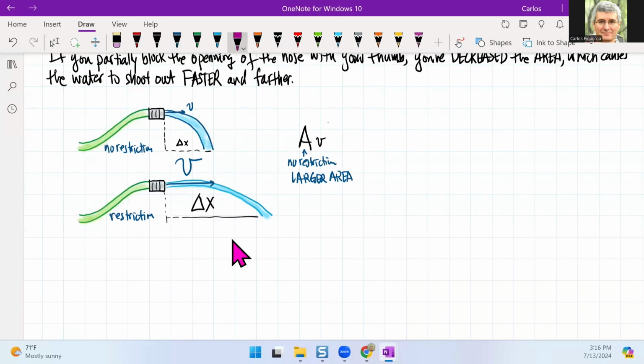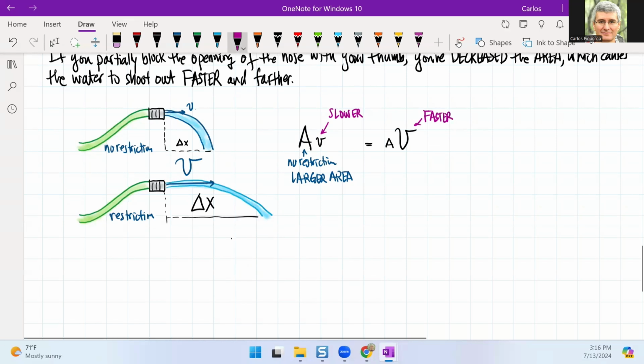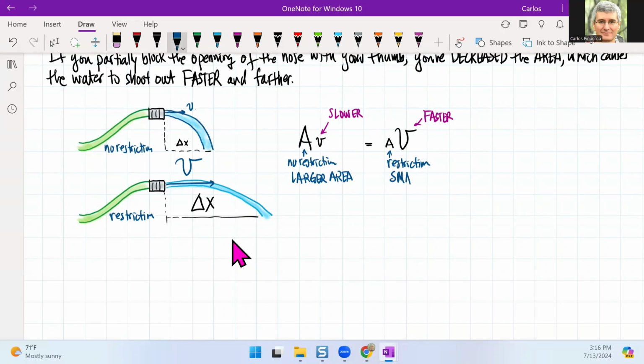So therefore, the water comes out slower. On the other hand, if we put our thumb over it, we have a smaller area, but a higher speed. In other words, this guy now is faster. And in this situation, we find that we have a restriction, which tells us it has a smaller area.